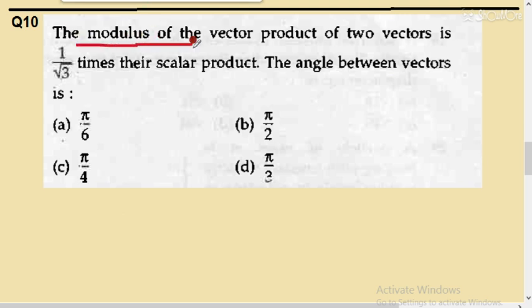The modulus of the vector product of two vectors is 1 by under root 3 times the scalar product.